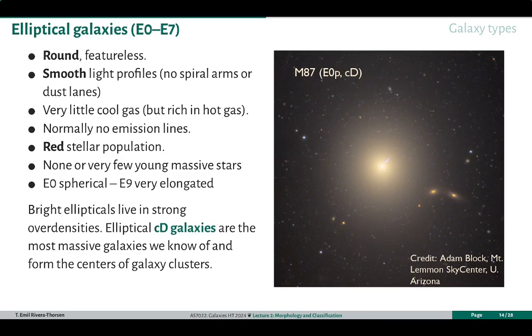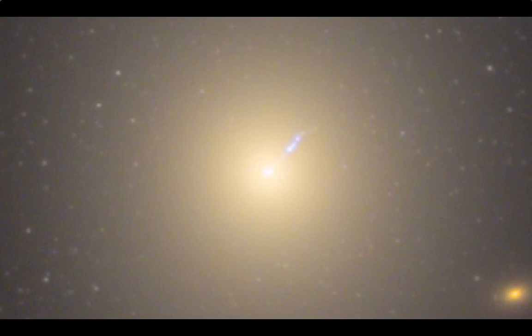If we zoom in, we can see that there is this jet coming out of the center of it. M87 is the host of the supermassive black hole that was imaged in radio waves by the Event Horizon Telescope as the first directly imaged black hole ever a few years back.